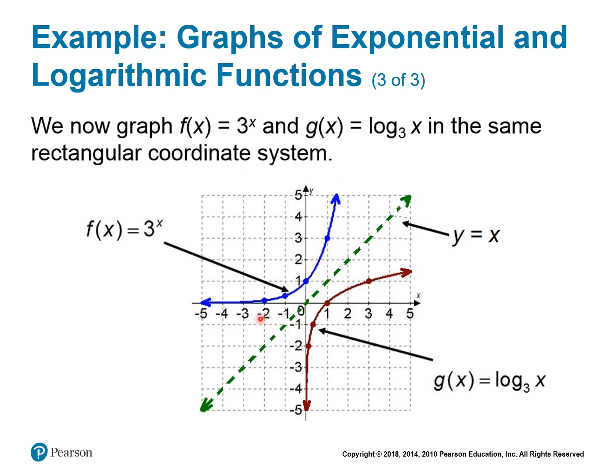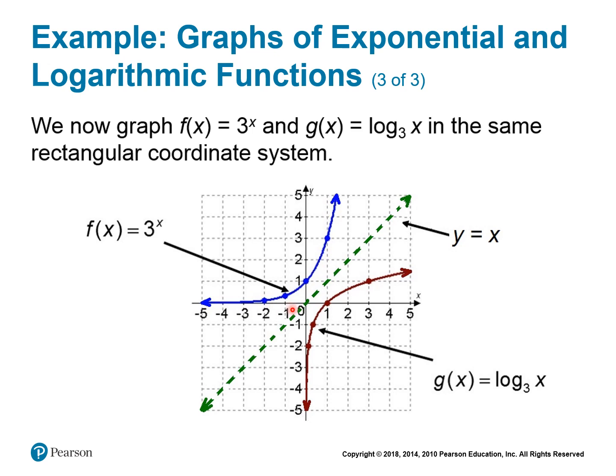Let's look at the points on the exponential graph. These are the points that we had found as ordered pairs previously. When x was -2, y was 1/9, so this point is just slightly above the x-axis.